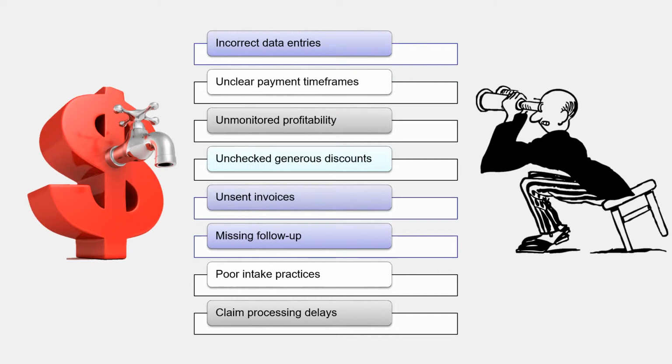Unsent invoices, missing follow-ups, poor intake practices. So these are a few examples because of which an organization or a company at one point of time must have faced revenue leakage or not having a visibility of their services or goods in the system.